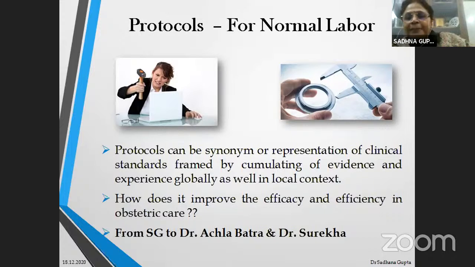Thank you, Dr. Surekha. So for all the participants, the first thing we have to have is good labor room protocols. And secondly, Dr. Surekha has pointed out very importantly that it is not restricted to a certain class or certain residency.